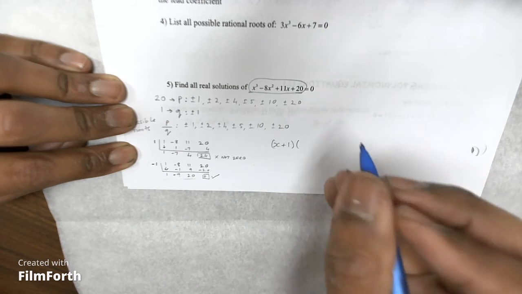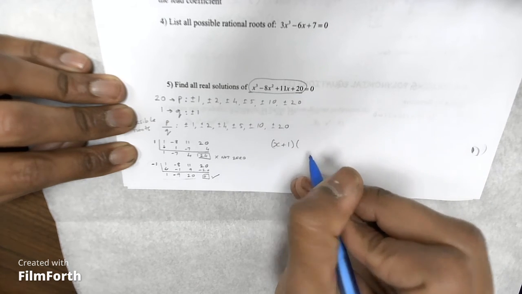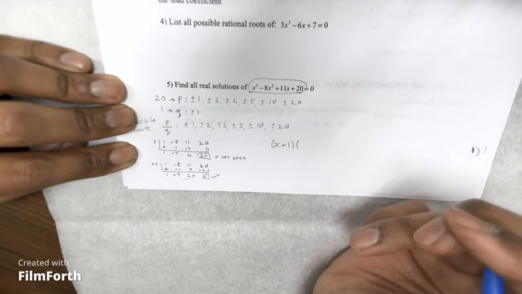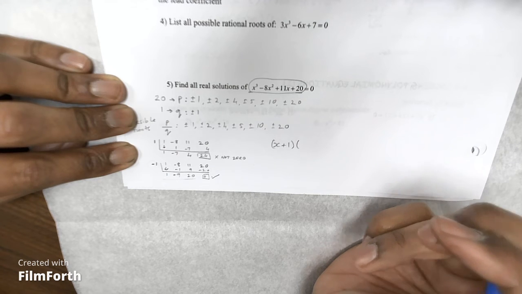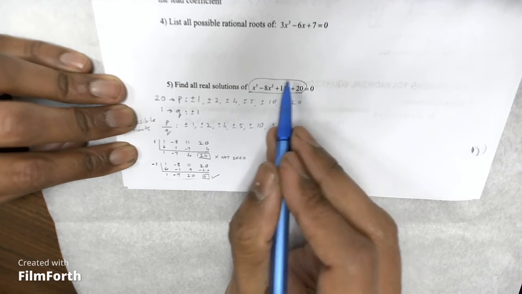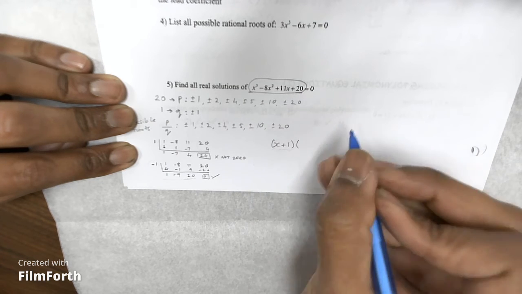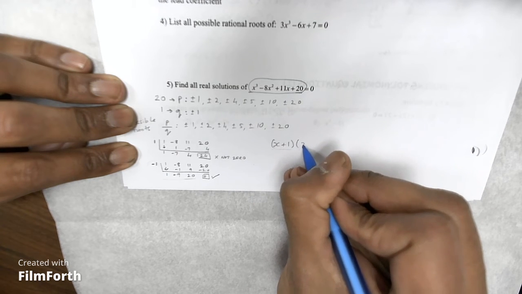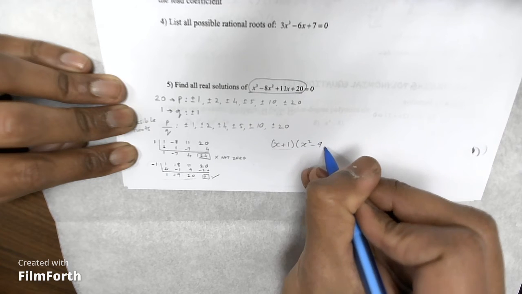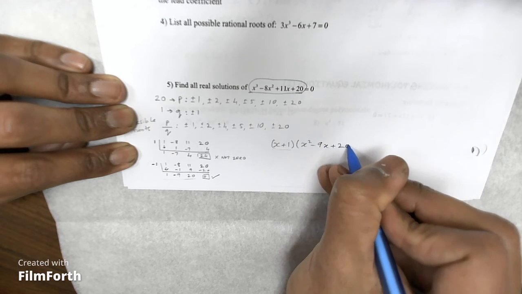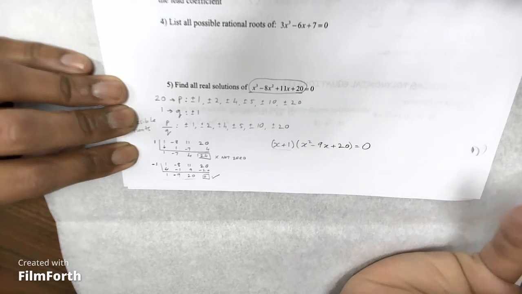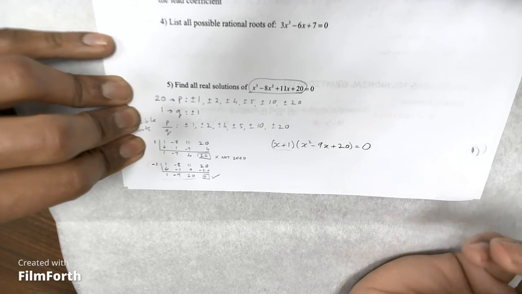So whenever you divide something and you get the remainder 0, then the big function is basically broken down into the divisor and the quotient. So we have this as the quotient.